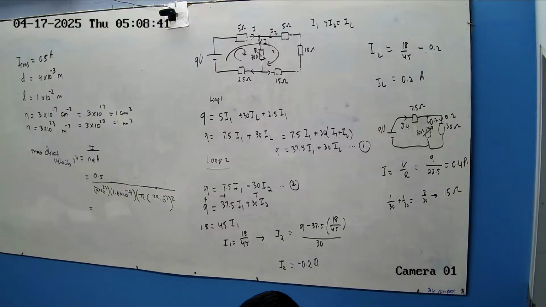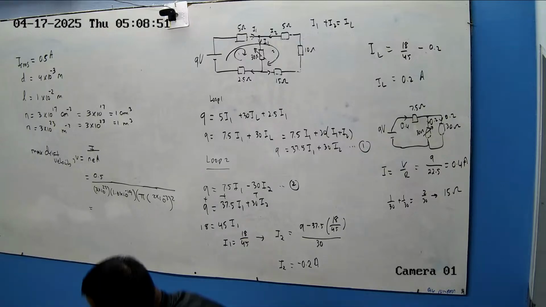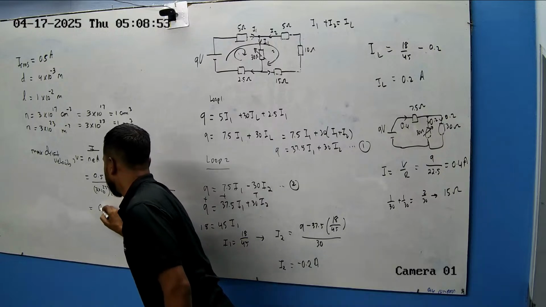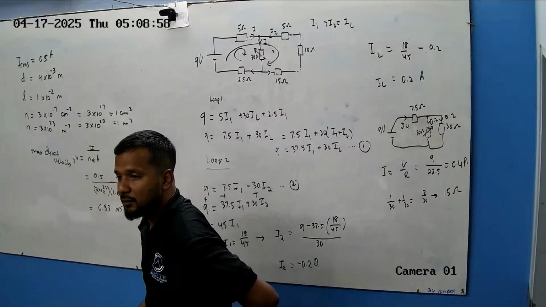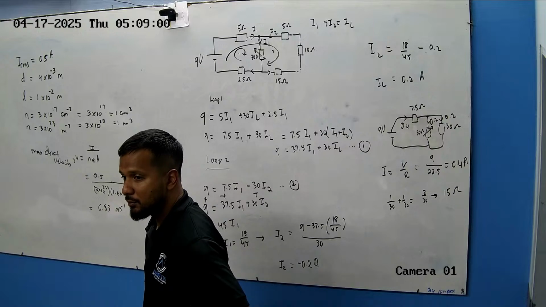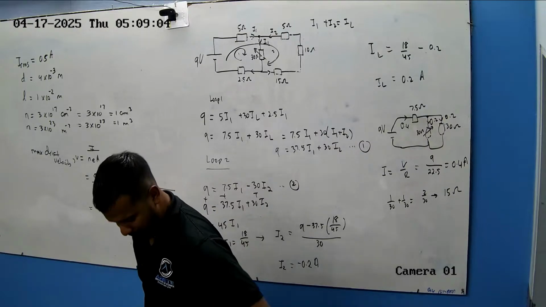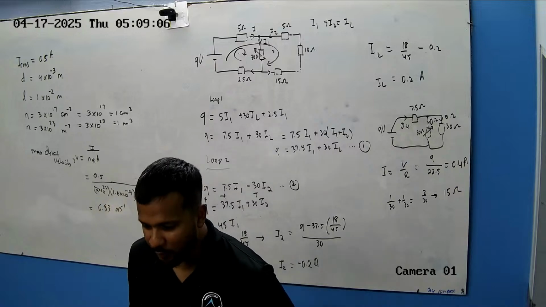Alright, there you go. Oh, what y'all got? 0.8... 0.83. Anybody else got that? Ariane, you got that? Alright, let's go again.